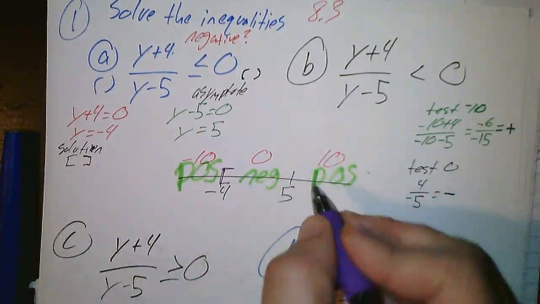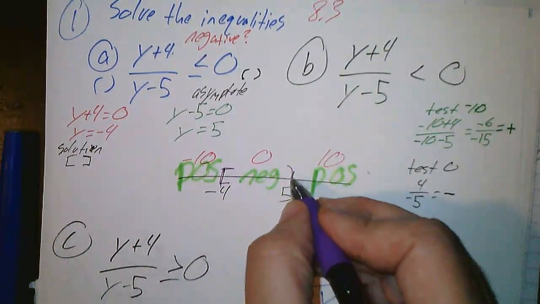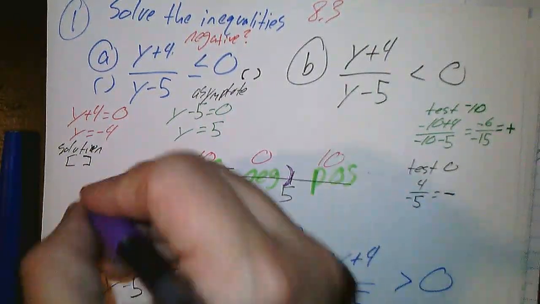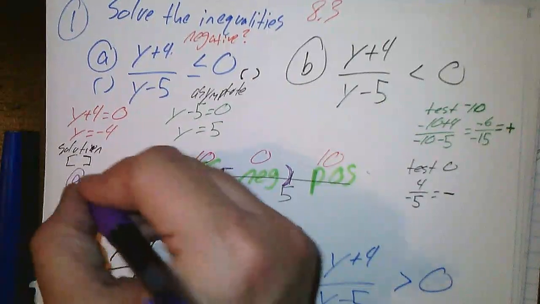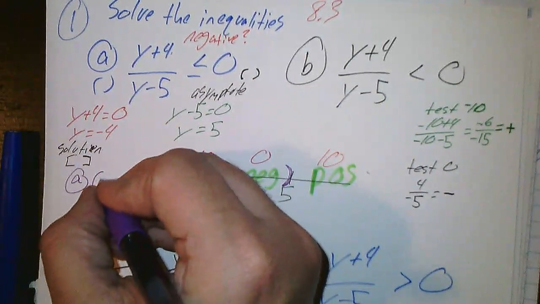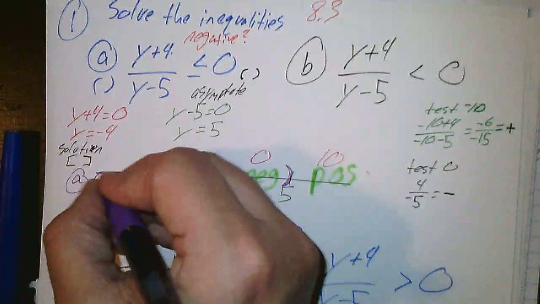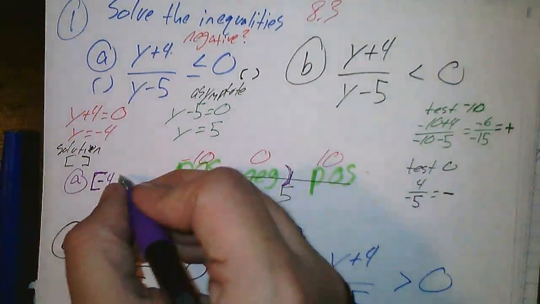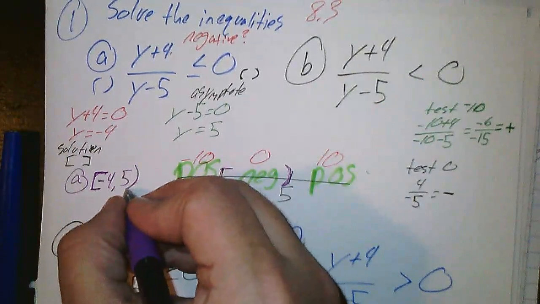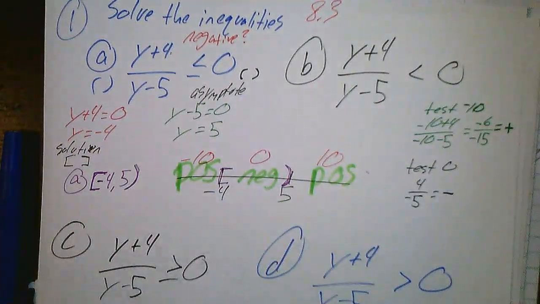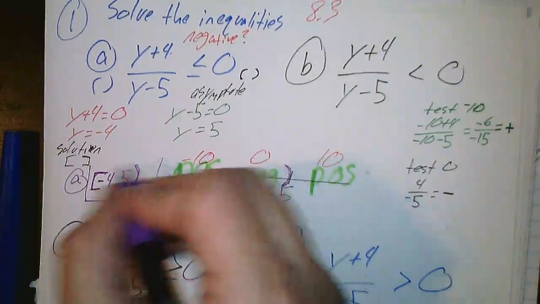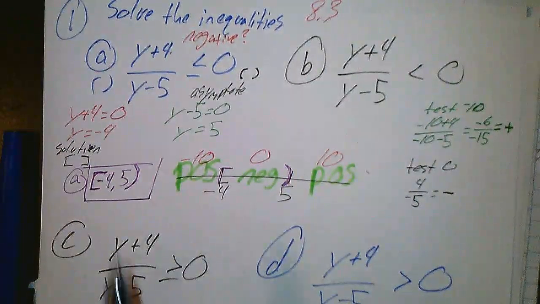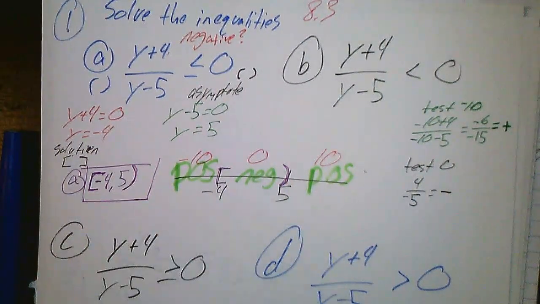From negative 4 to positive 5 with a parenthesis. So for part A, it is negative 4 with a bracket to 5 with a parenthesis. And once again, that's because we cannot be equal to positive 5, because that would put 0 in the denominator.